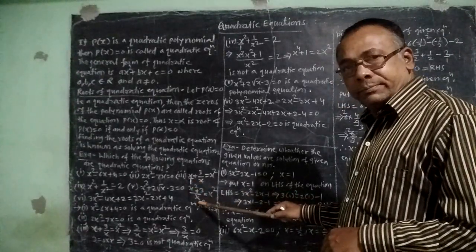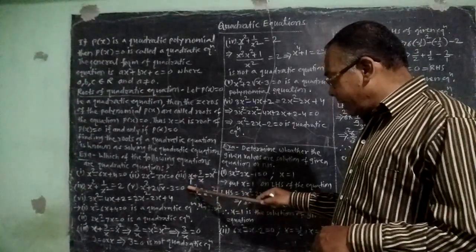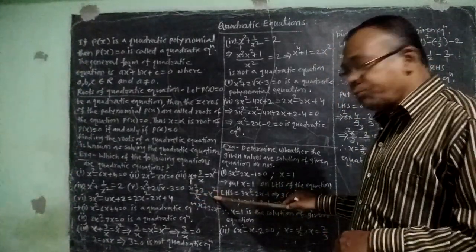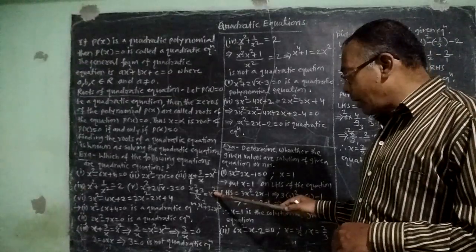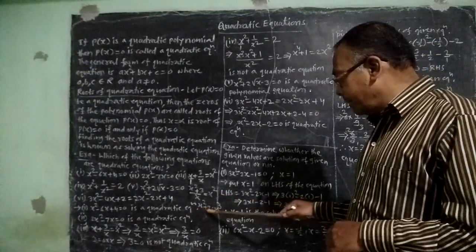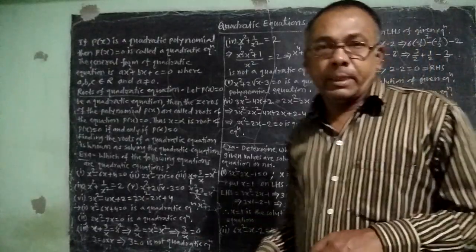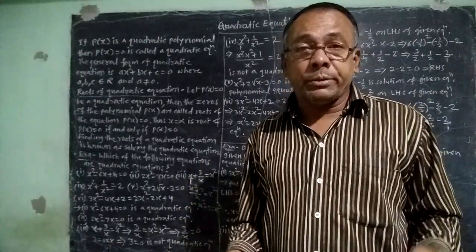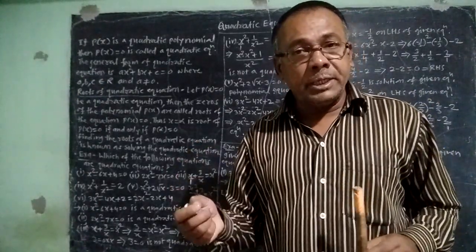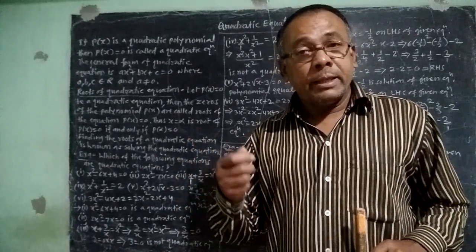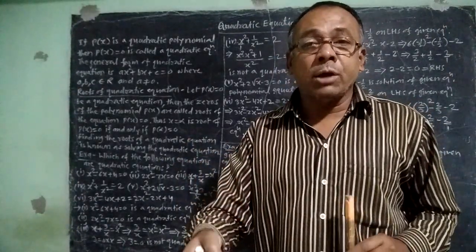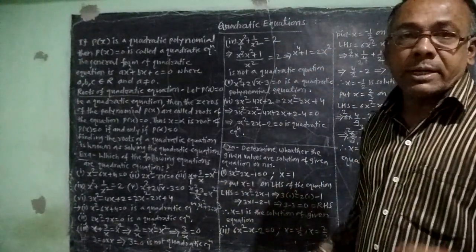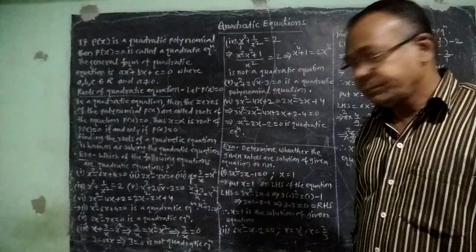So x square plus 3 upon x is equal to x square. If x is taken to the RHS, it will multiply x square, then our equation will become x square plus 3 is equal to x cube. In this equation the highest exponent of the variable is 3, and therefore the given equation is not a quadratic equation.